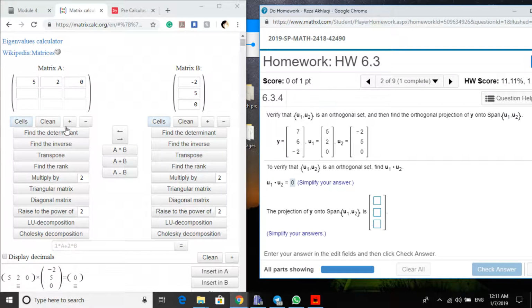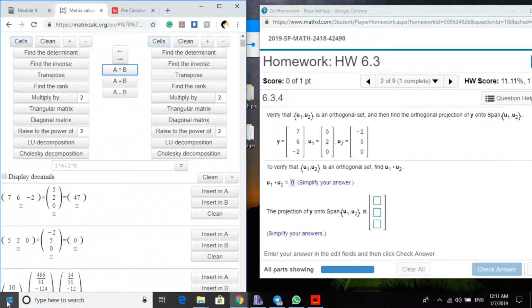So first, the transpose of y is 7, 6, -2, and u1 is 5, 2, 0.